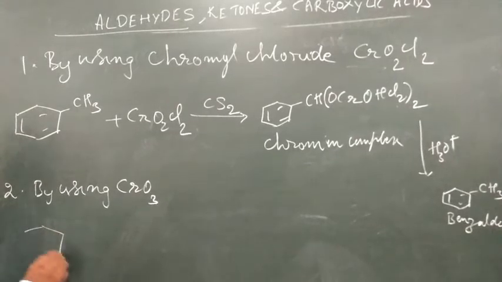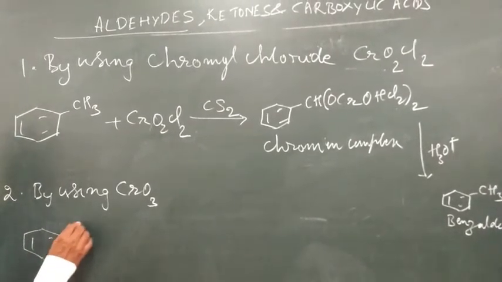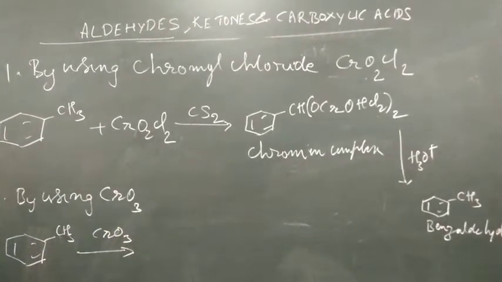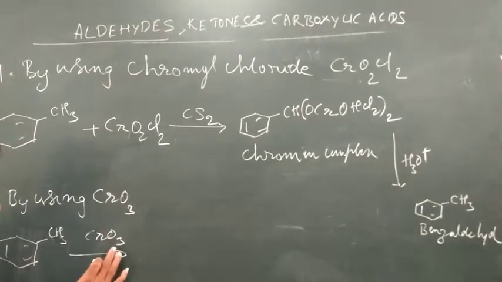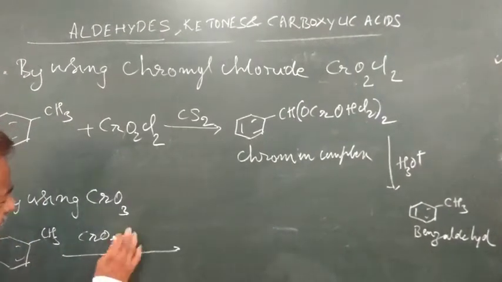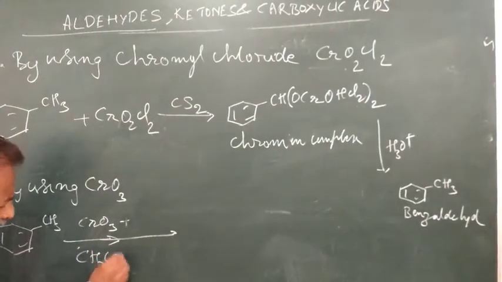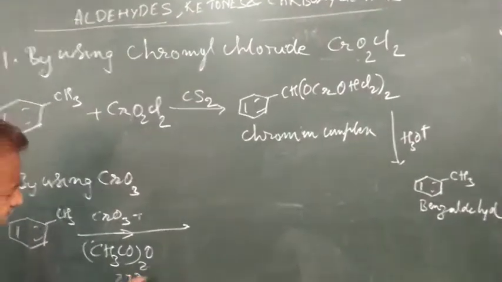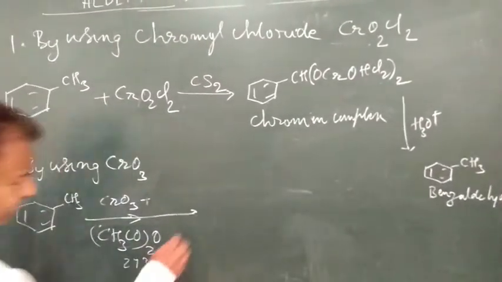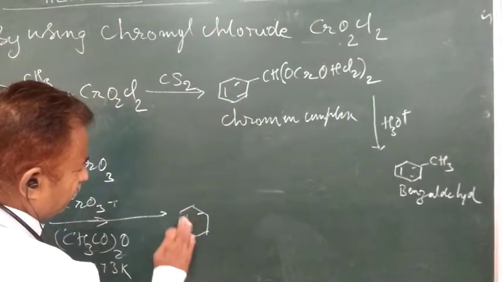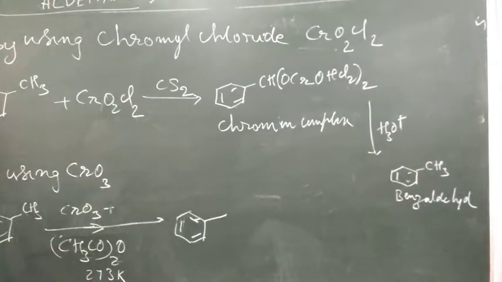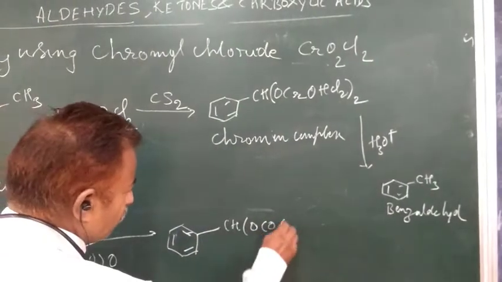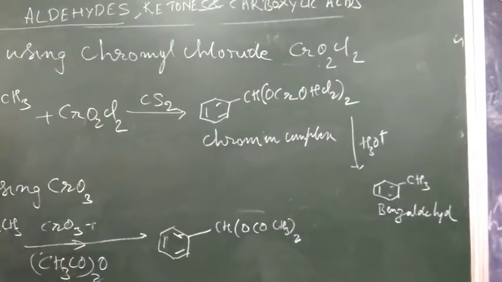Here toluene, C6H5CH3, with CrO3 in the presence of acetic anhydride, (CH3CO)2O, that is acetic anhydride, and at 273 Kelvin we get C6H5CH(OCOCH3)2.